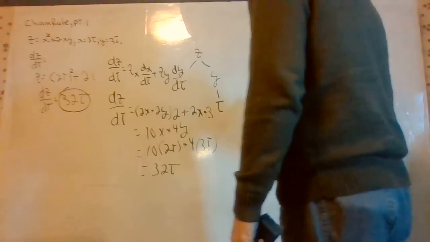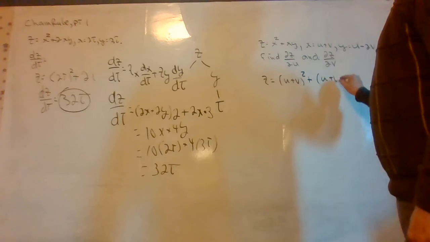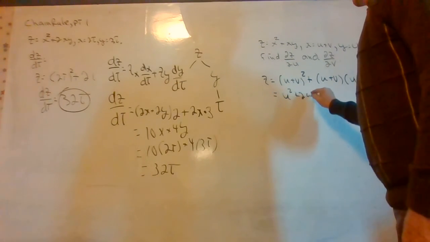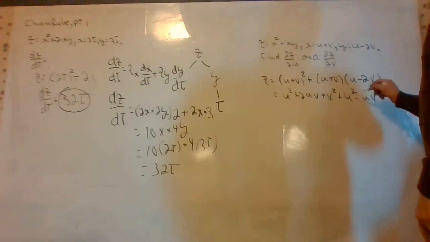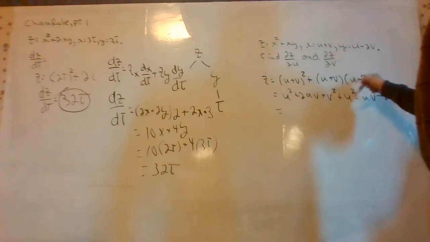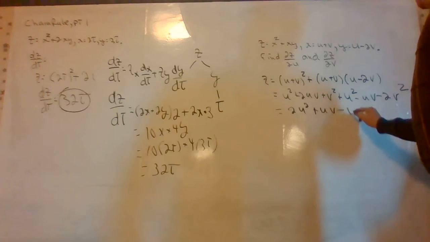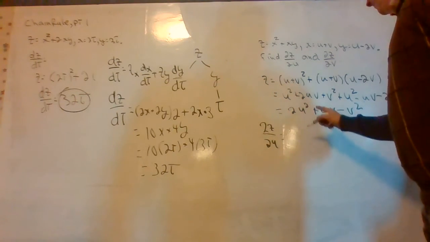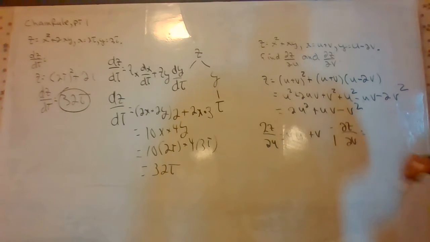We can substitute. z equals x squared becomes u plus v squared, and then plus x, which is u plus v, times y, which is u minus 2v, and that's equal to u squared plus 2uv plus v squared plus u squared, and this minus 2uv plus uv is minus uv minus 2v squared, v times negative 2v, and let's see, uv, we get 2u squared plus uv minus v squared, combining like terms, and then partial of z with respect to u is equal to 4u plus v, and partial of z with respect to v is equal, that term zeroes out, u minus 2v.